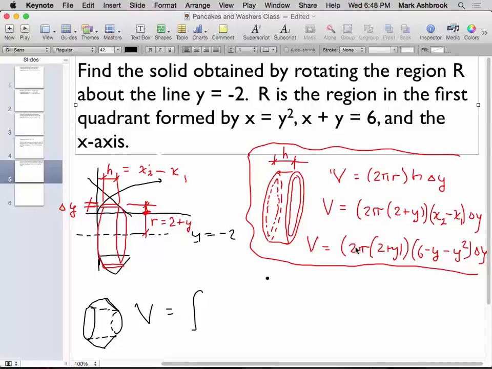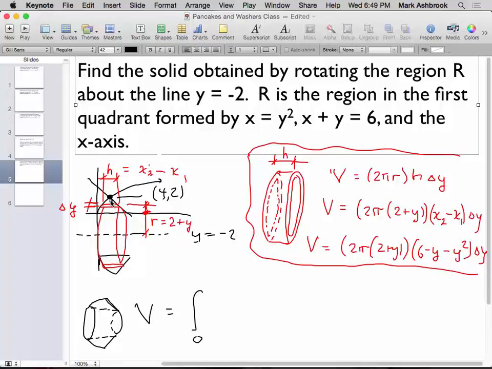Since we're doing shells with delta y, we look at the first strip in the region, at y equals 0. That's the innermost shell with the greatest height and the smallest radius, and each one after that is wrapped around the previous one until the last one, at whatever that y coordinate is. The coordinates of that point were 4, 2.